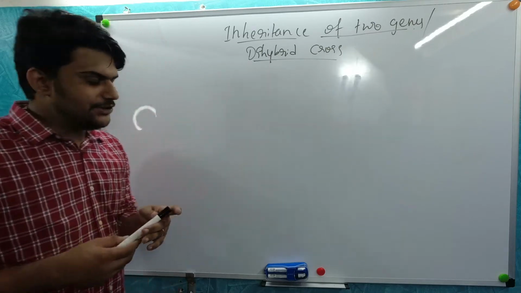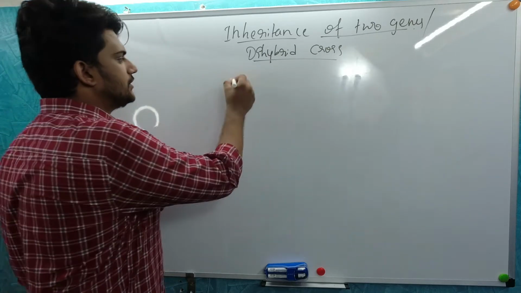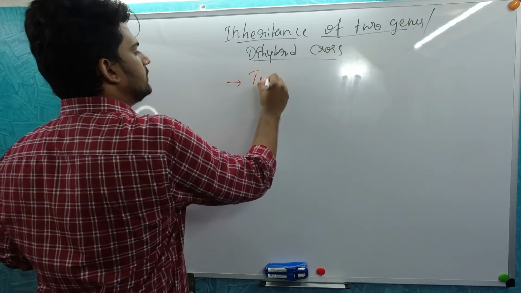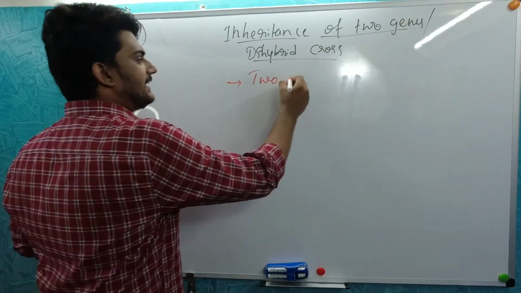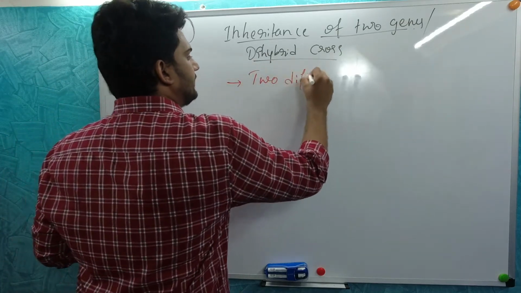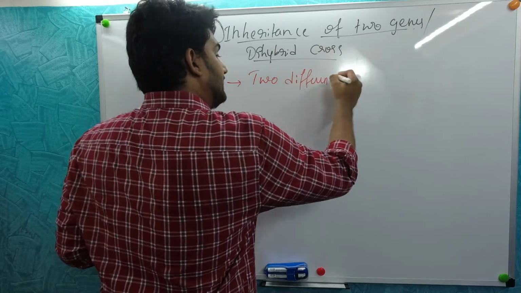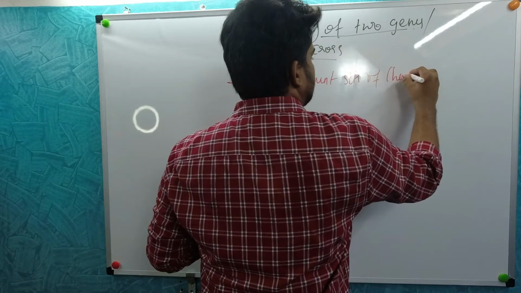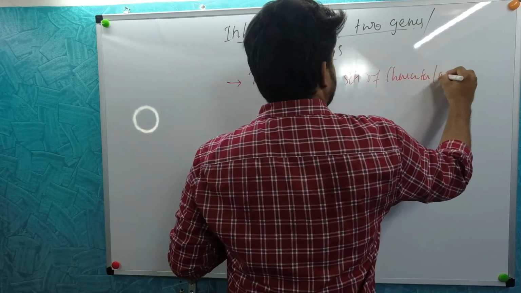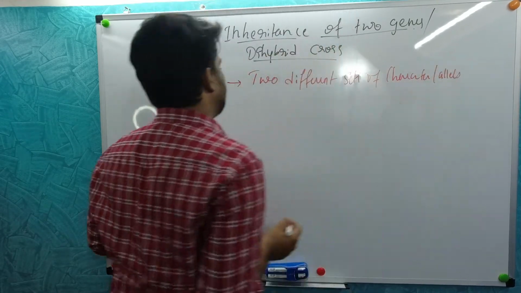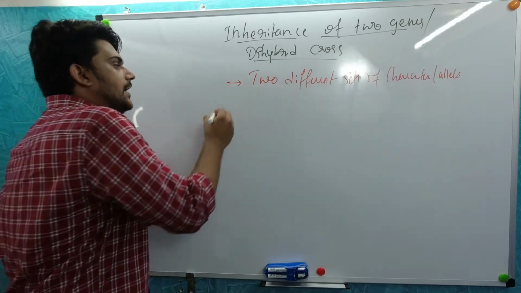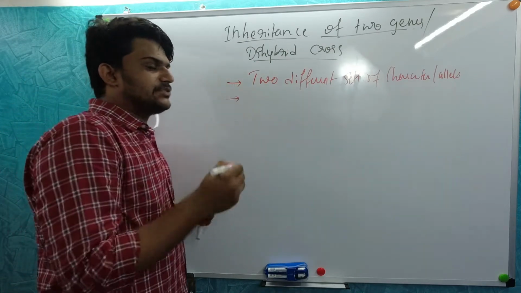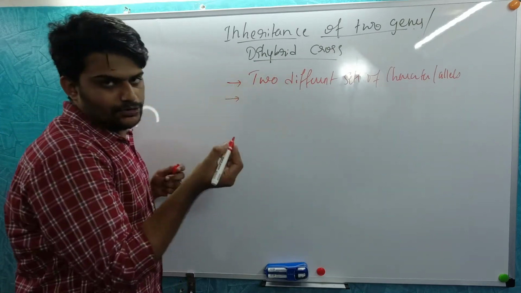Here Mendel used two different sets of characters, or alleles, and he did the experiment in the same way as the monohybrid cross.